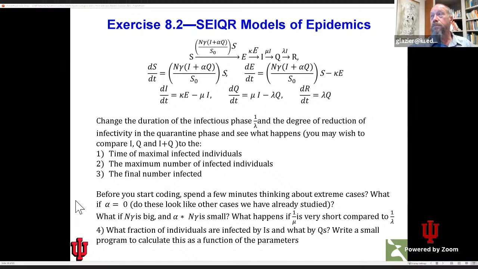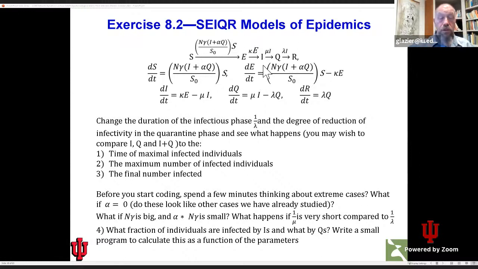If alpha were 0, we've mentioned, then I and Q are essentially identical. But in this case, we could also imagine what happens if, remember that R naught is the number of contacts and their infectiousness, N gamma, divided by the recovery rate.